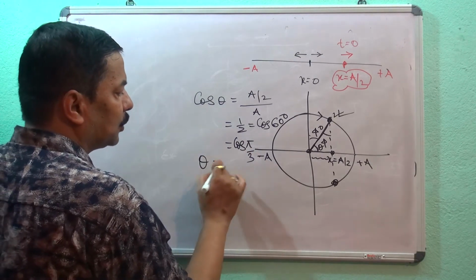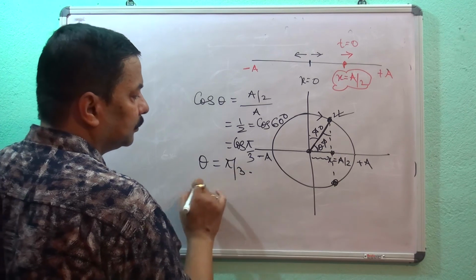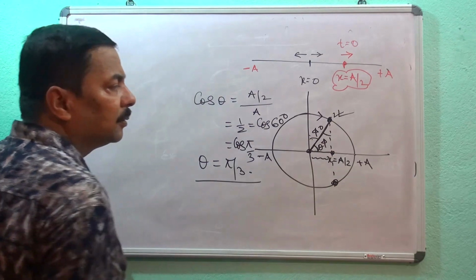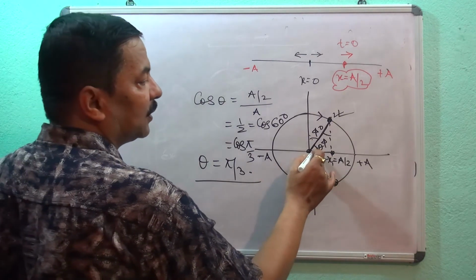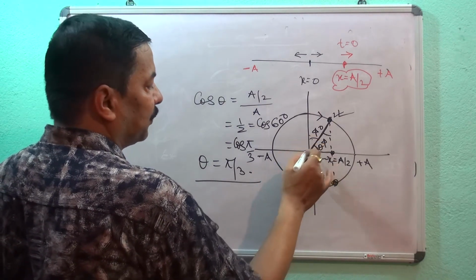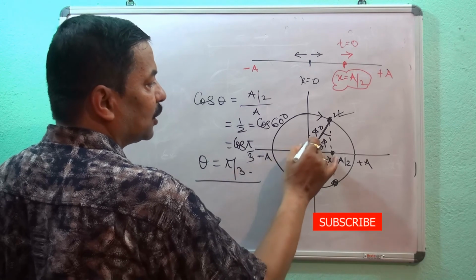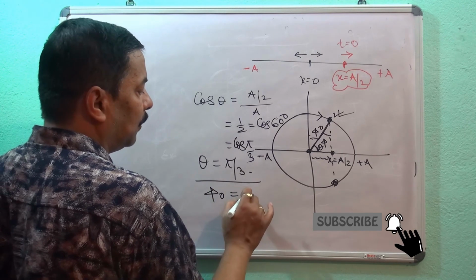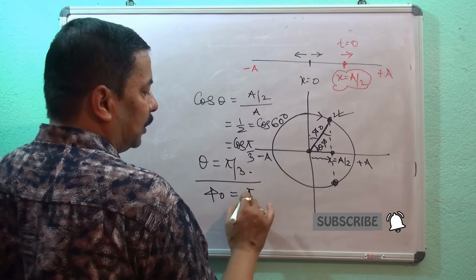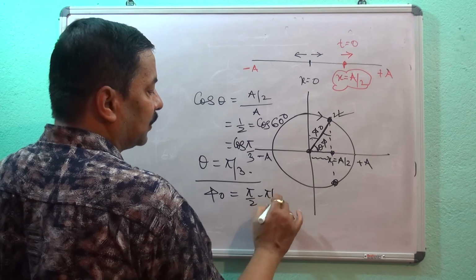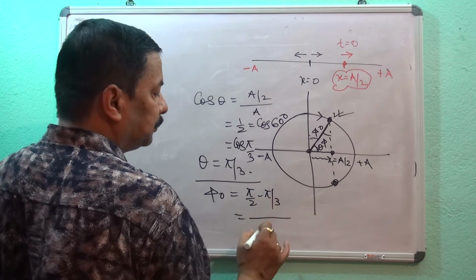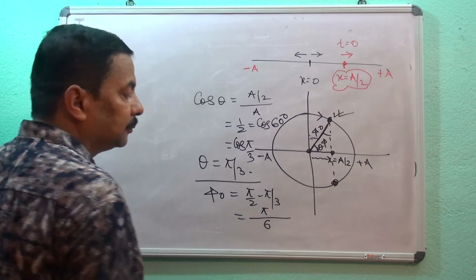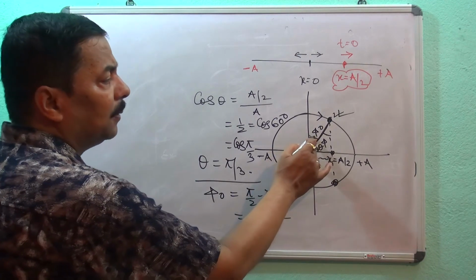So theta is equal to pi by 3. This theta is pi by 3, so this is 60 degrees, and this complete angle is 90, so this will be 30 degrees. So this phi naught will be pi by 2 minus pi by 3, that is giving you pi by 6. So phi naught you are getting is pi by 6.